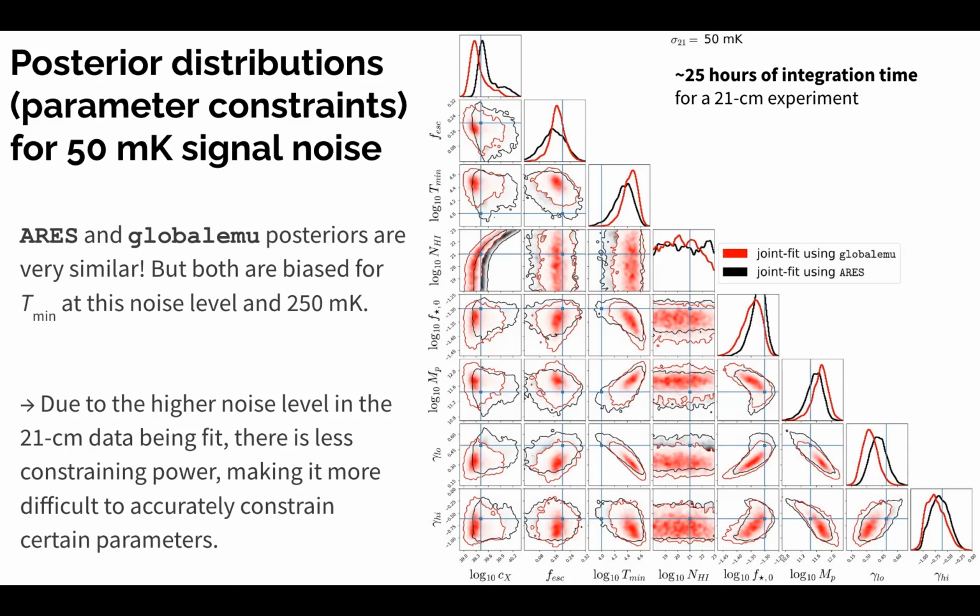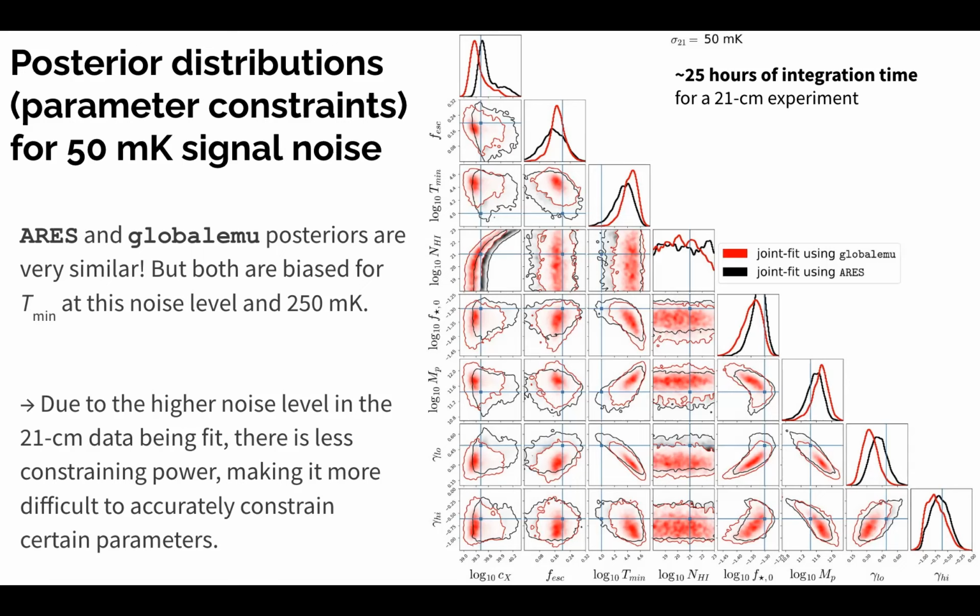But we see that there is a bias for one parameter, T-min, so it's a little bit away from the fiducial value. I'll talk about that more later, but the general idea here is that due to a higher noise level in the signal that's being fit, constraints are harder to get for parameters, just due to there being less constraining power from the data. And so that's how that bias could come about.